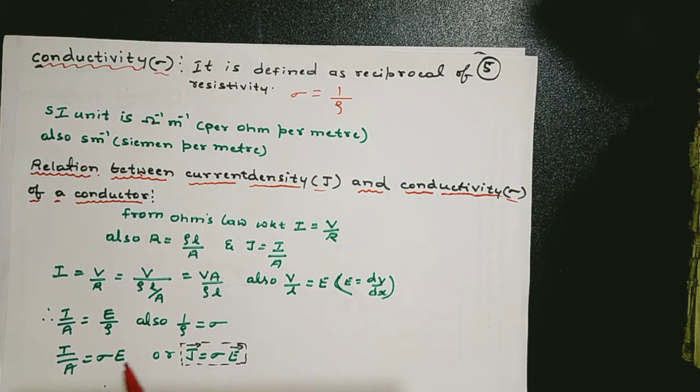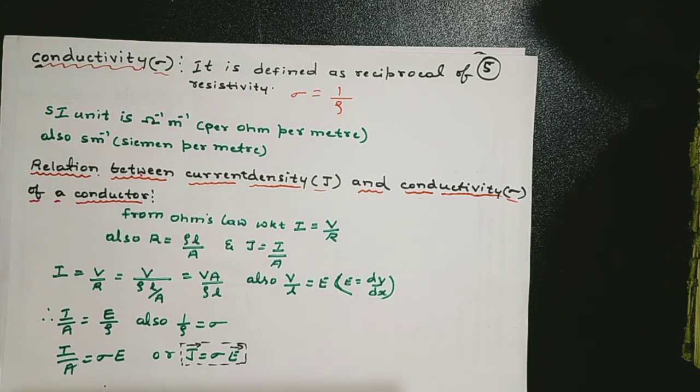So I by A, if I take A to the denominator, I by A is V by L, which is E by rho. But we know that 1 by rho is sigma. So I by A is sigma into E. What is I by A? I by A is J. So J is sigma into E.